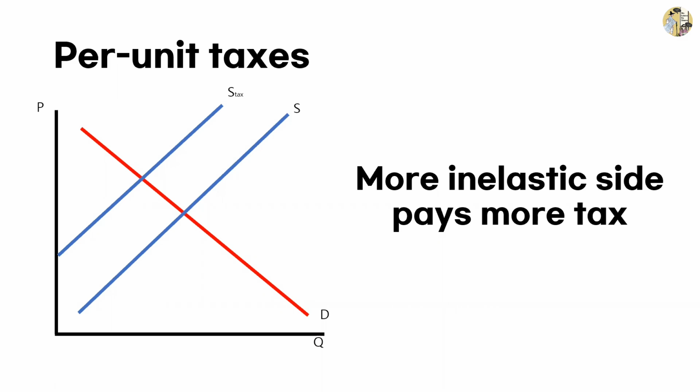Now we are going to talk about a new concept. Who is going to pay more for the per unit tax? And here is the answer. The more inelastic side pays more tax.